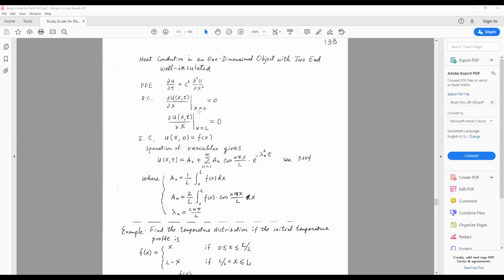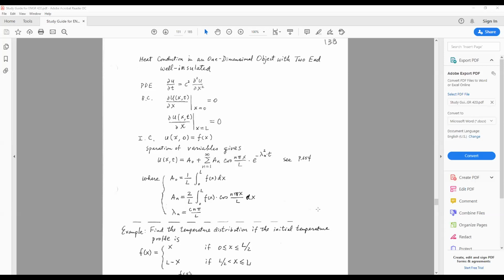The two boundary conditions are slightly different in terms of their partial derivatives at the two different points. The initial condition can be left sufficiently general. I believe one of the homework problems also wants you to generate this.